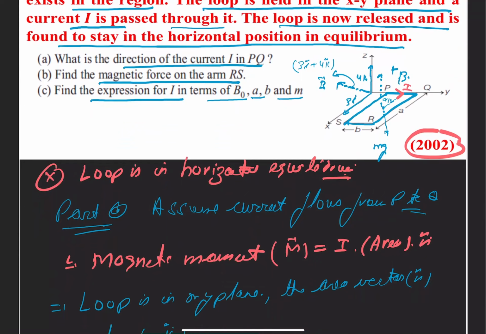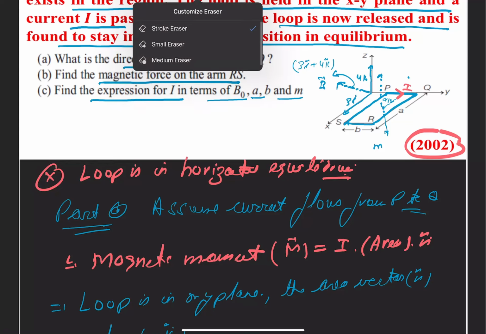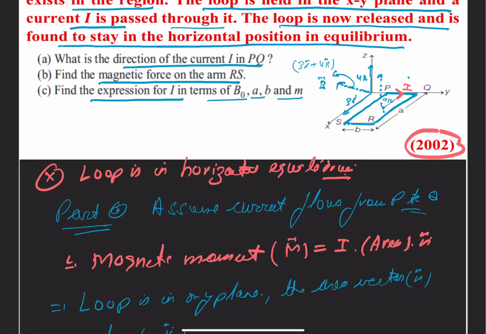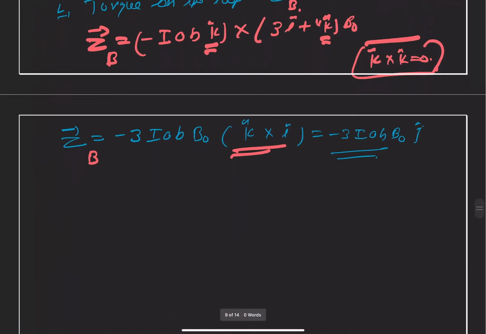My mistake. So the torque because of the magnetic field should be equal to the torque because of the weight mg, which is acting in the downward direction. My apologies for that.